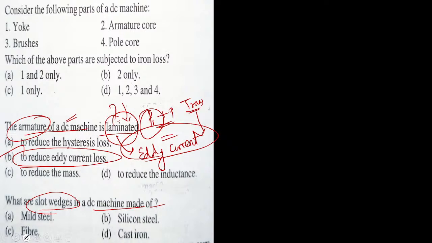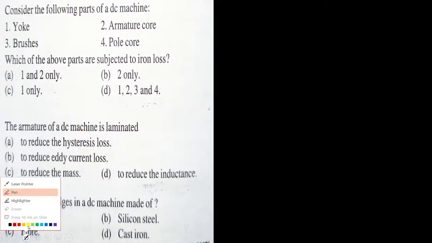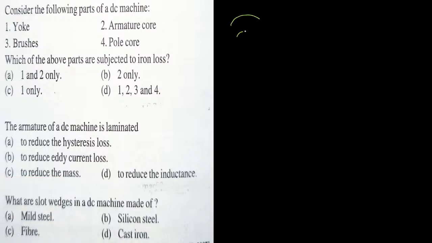Actually, where we are using this, as we know, we are always trying to maintain the air gap between the stator and the rotor as minimum. We have to maintain minimum air gap, then only the reluctance will be minimum, such that flux can be uniformly distributed throughout the field.